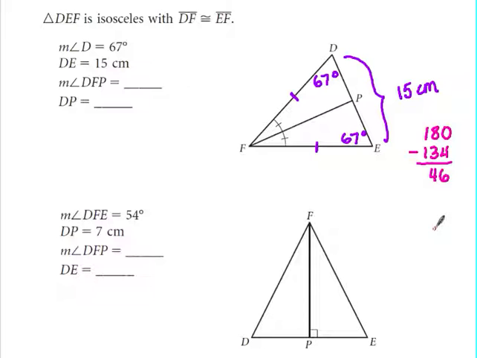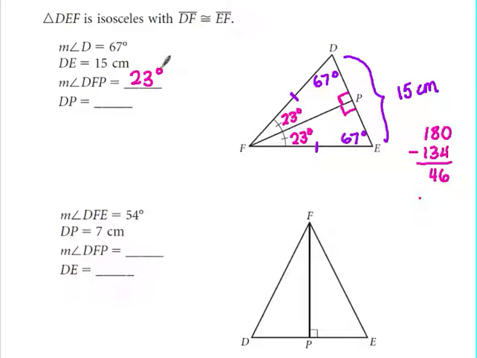Divide that by 2. 23. So that means this is 23 degrees. Yep. So what does that tell me that this angle is right here? 90. Did I really even need to do that? No, because that's one of those conjectures that we just got done looking at. Okay, so the measure of angle DFP is 23 degrees.